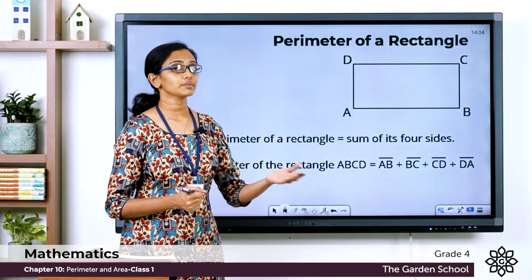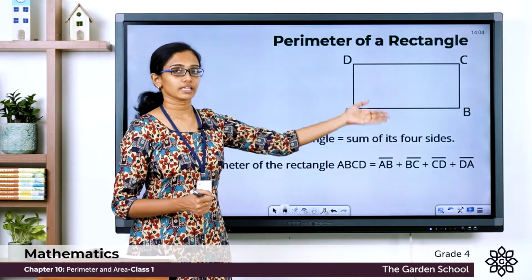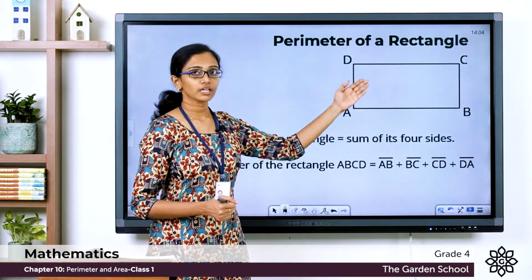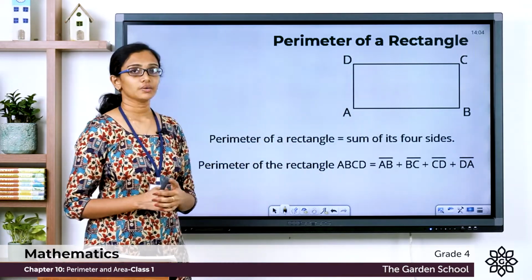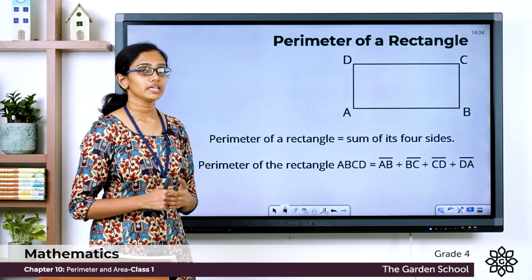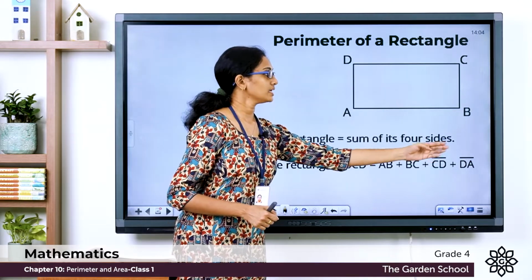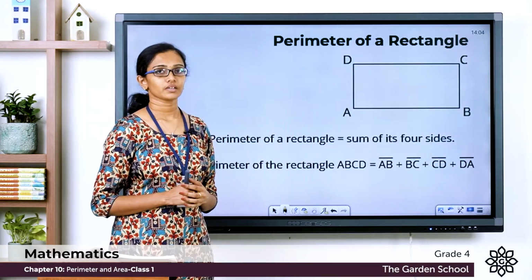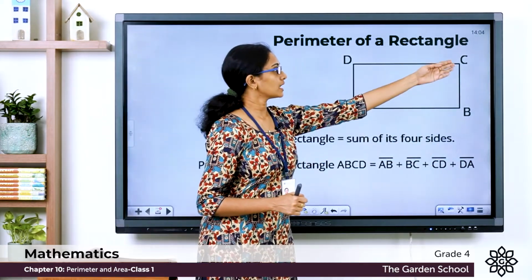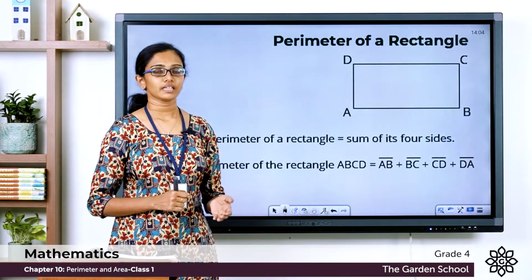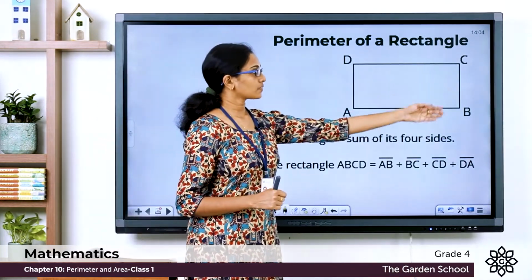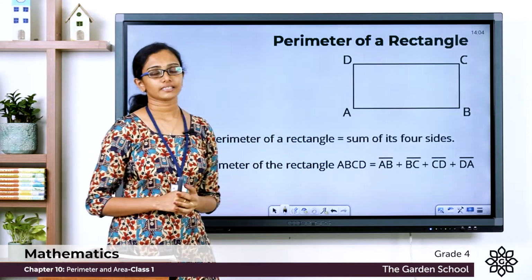We said that it will be the sum of the lengths of its sides. So the perimeter of rectangle ABCD will be equal to side AB plus BC plus CD plus DA, or AD. The perimeter is the sum of the lengths of its sides.